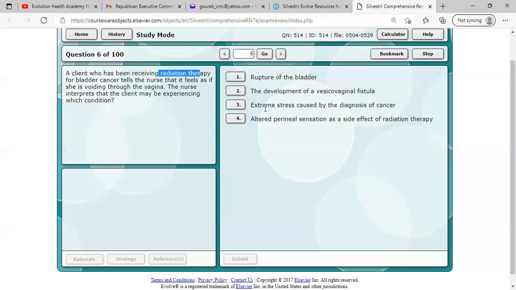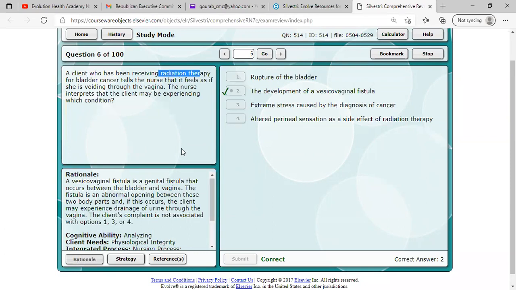Alter perineal sensation is a side effect of radiation therapy. In that case, the patient may develop a vesicovaginal fistula, an abnormal tract formation between the vagina and urinary bladder.